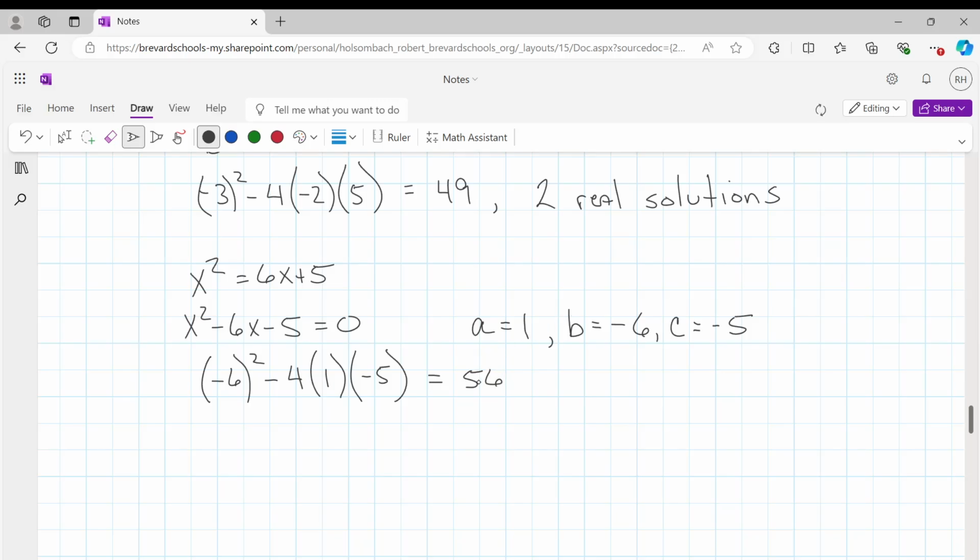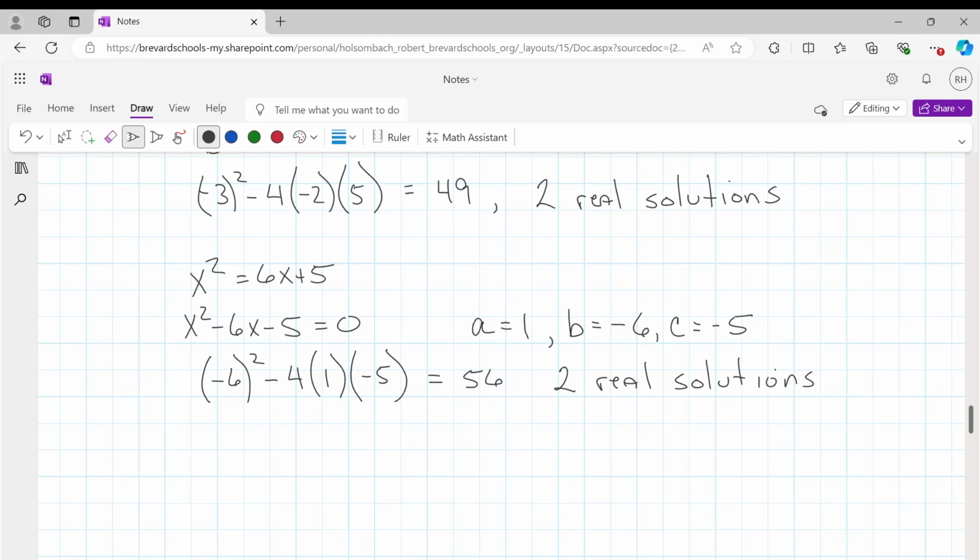And 56 is greater than 0. So how many solutions? 2 real solutions. Get the idea? Pretty straightforward.